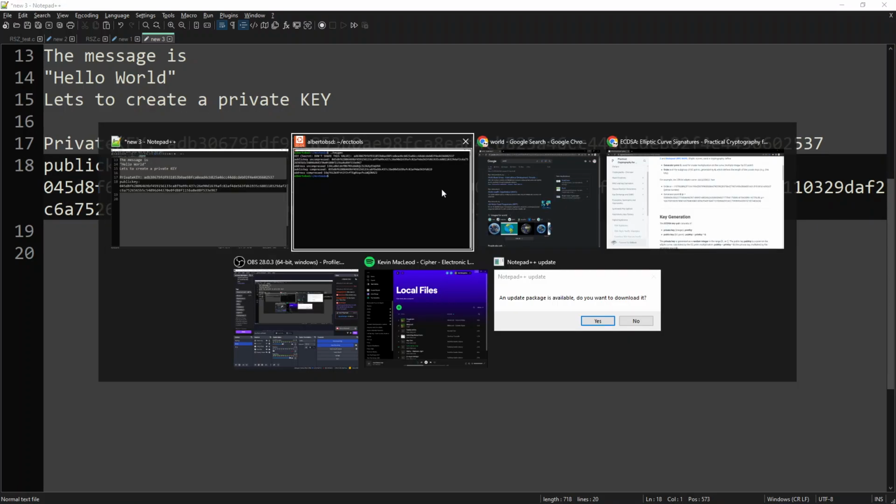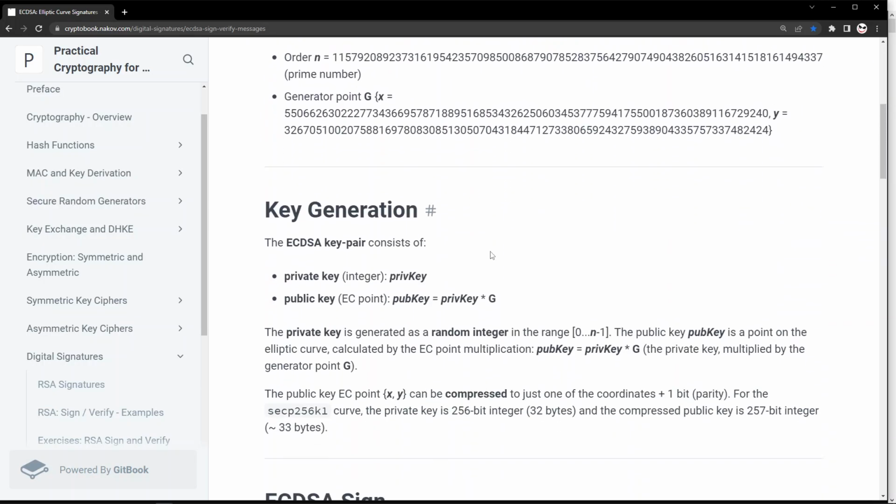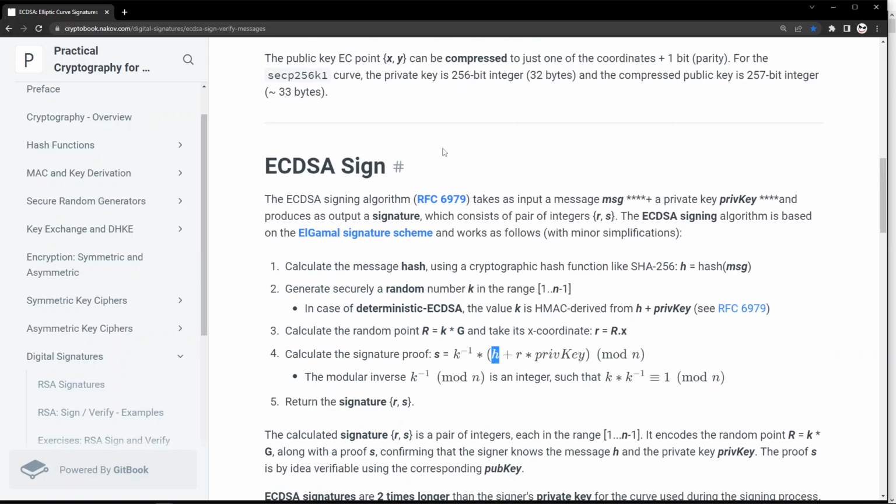So, in order to make the signature, we also need to calculate the hash of the message.